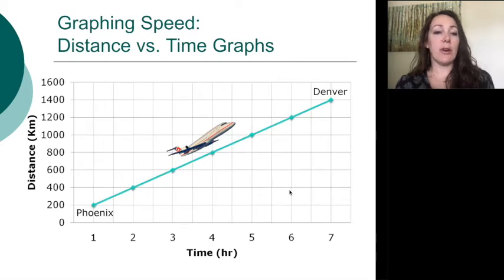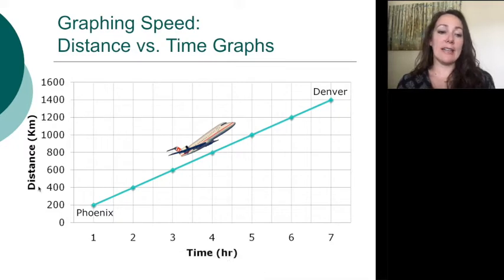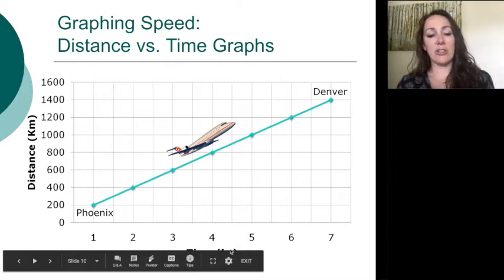So whenever we're graphing speed, we're looking at distance versus time graphs. So on this graph, we have a plane traveling from Phoenix to Denver. On the y-axis, we have distance measured in kilometers, so 0, 200, 400, 600, all the way up to 1,600 kilometers. And across the x-axis, we have time measured in hours, and we've got 1 through 7, okay?